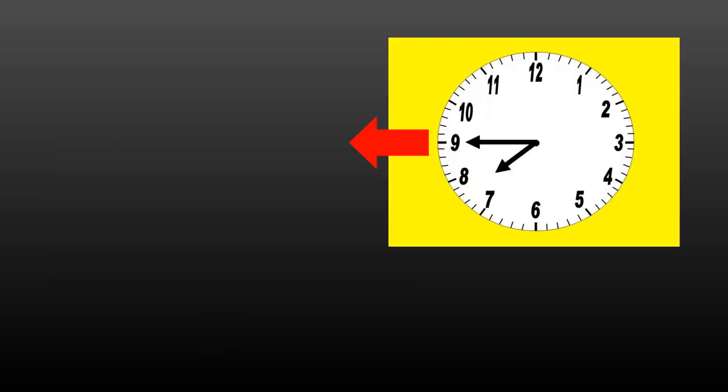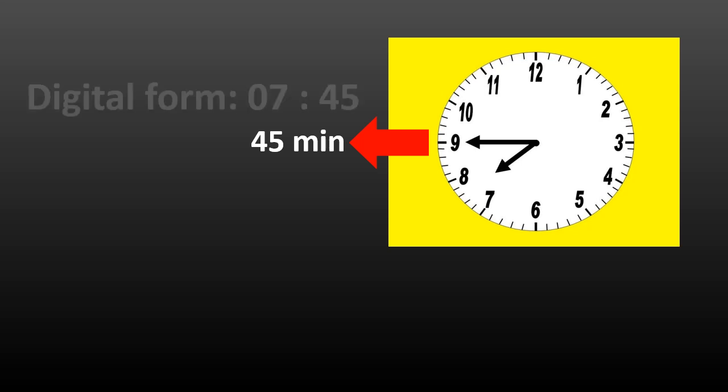Yes, here that's what I said now. Now the long arm is on the 9, so we counted 45 minutes from the 12 to the 9, counting by 5s. So where am I going to put the 45 minutes? I will put it in the minutes place, at the right hand of the digital clock. So what about the left hand, which reads the hours on the digital clock?